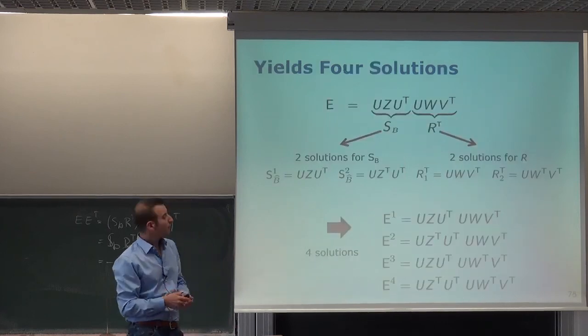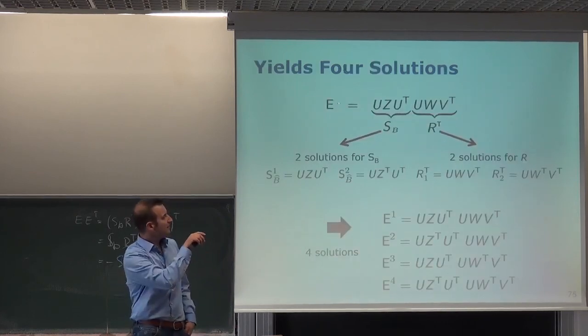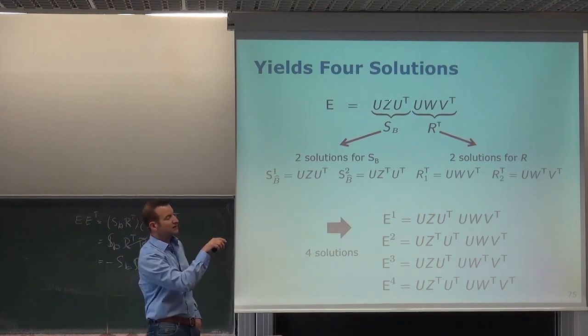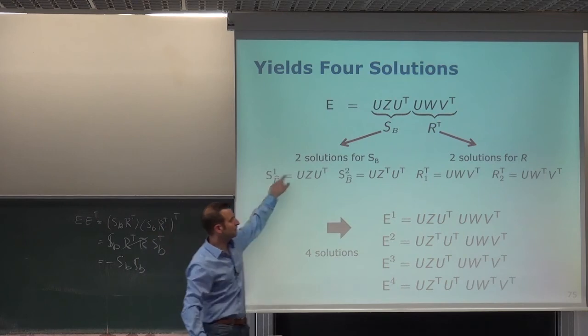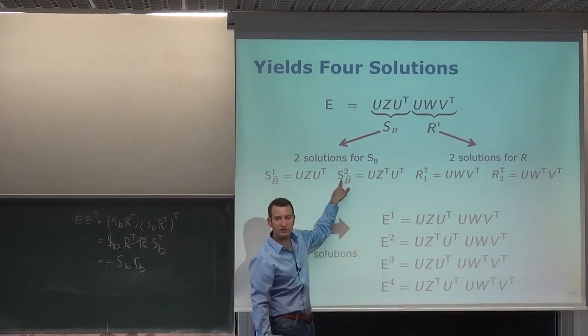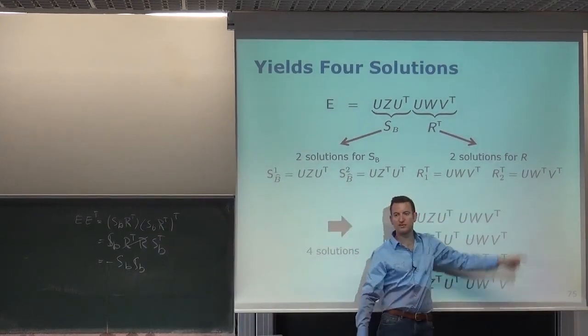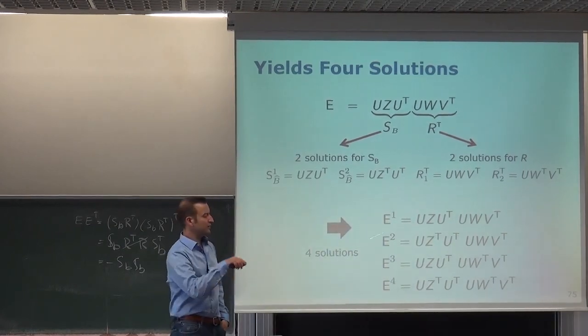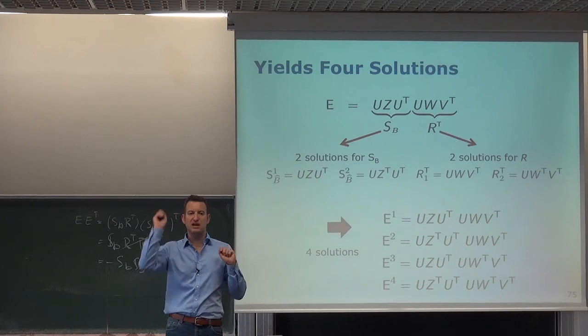So the overall solution is okay. I have my E. By computing the singular value decomposition, I can say what S_b looks like and what R transposed looks like. And depending on whether I use Z or Z transposed, or W and W transposed, I get 2 possible solutions for the skew-symmetric matrix and 2 possible solutions for the rotation matrices. So then I have 4 possible solutions for the essential matrix, and I basically check where the object is.